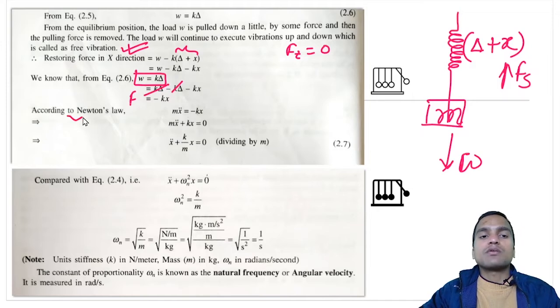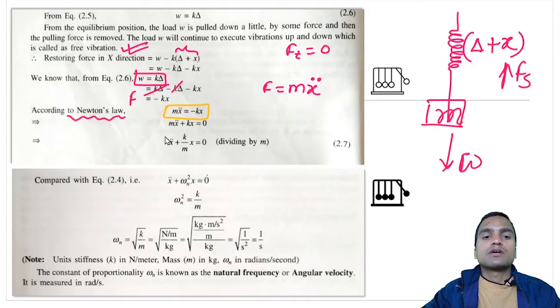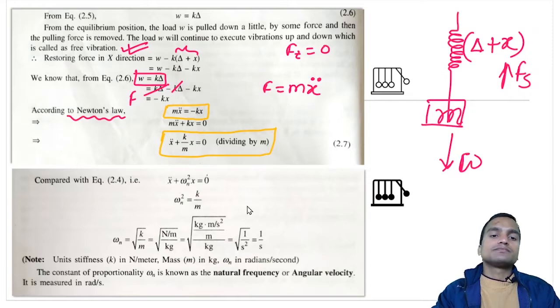From Newton's law we can write force as mass into acceleration, and acceleration is represented by x double dot. So m x double dot will come out equal to minus kx. Taking everything on the left hand side, we come to this equation, and finally, after dividing by m on both sides, this is our equation.